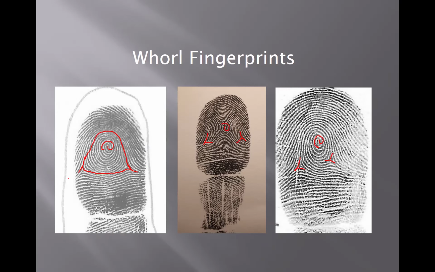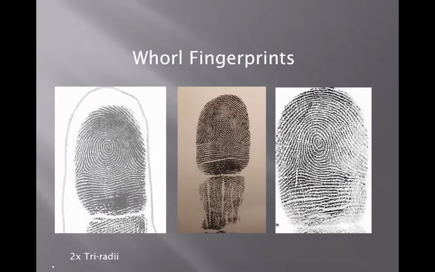But that's not the key characteristic of a whirl pattern. The key characteristic, according to Galton, is the two triradii. So when you're trying to identify the whirl, you're looking to see that the whirl has two triradii. And that's the Galton system for classification.